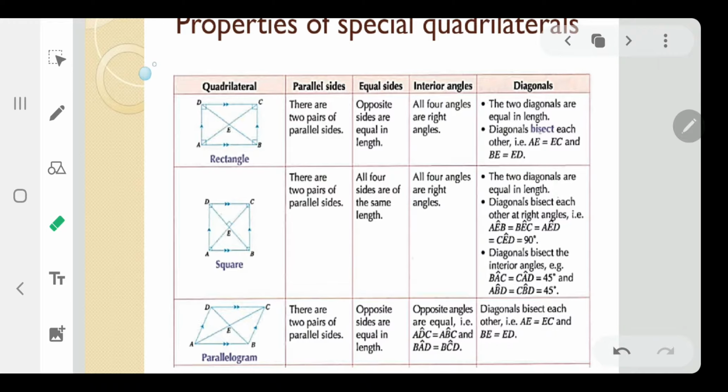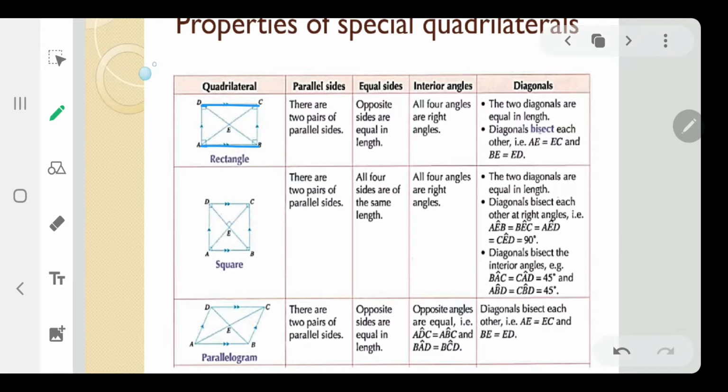So in this rectangle, we can say that there are two pairs of parallel lines, right? These are line DC and line AB. Both these lines are parallel and they are equal as well, right?